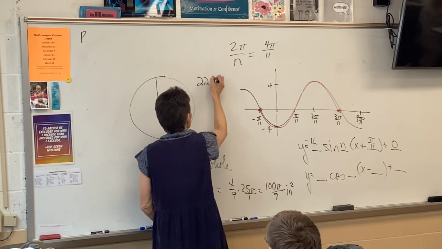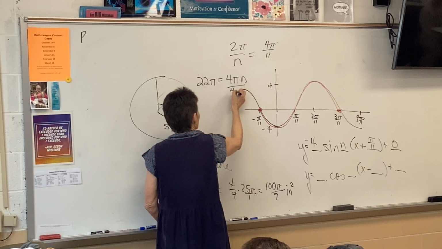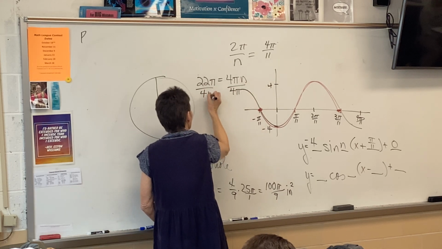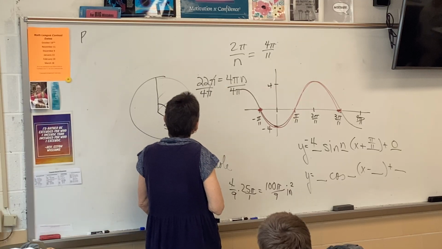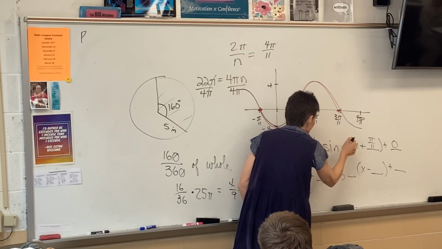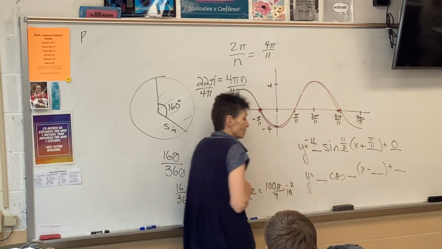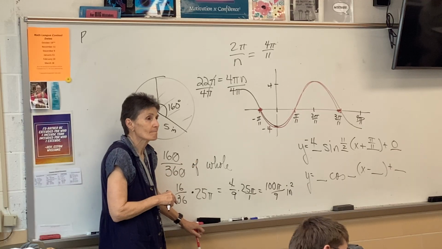So now I have to solve for it. So 22 pi equals 4 pi n. Divide by 4 pi. Pi's cancel, what do I have? 11 halves. So this number is 11 halves. And why do you change it to addition?